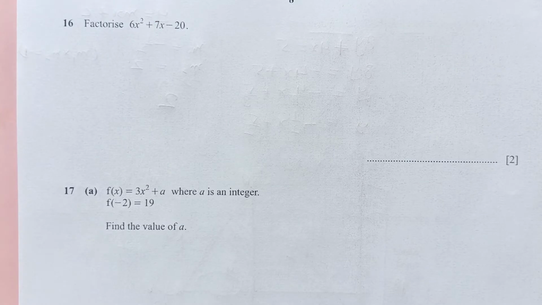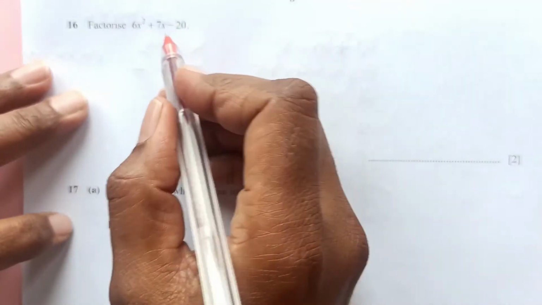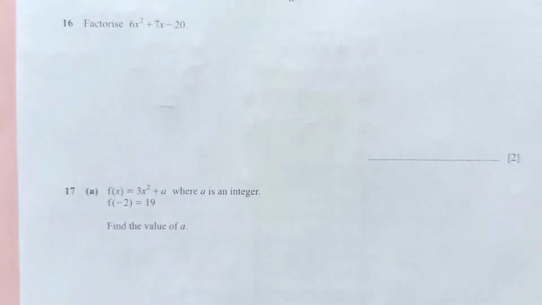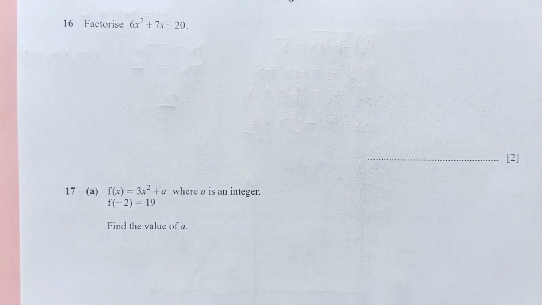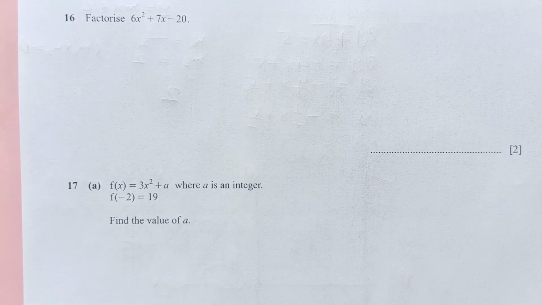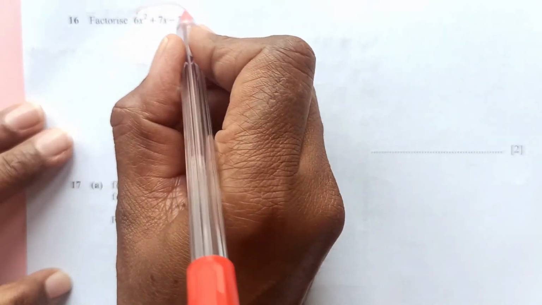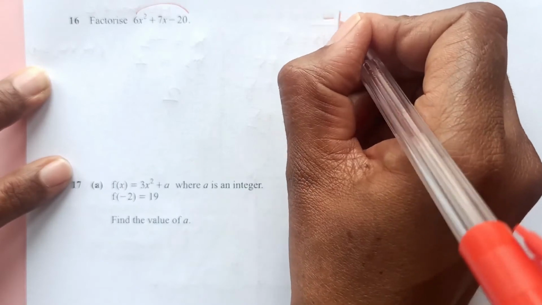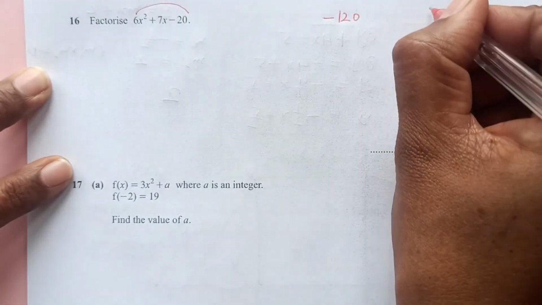Question number 16, factorize 6x squared plus 7x minus 20. So we can see that the coefficient of x squared is not 1. So we need 20 times 6, which is negative 120, and 7x.